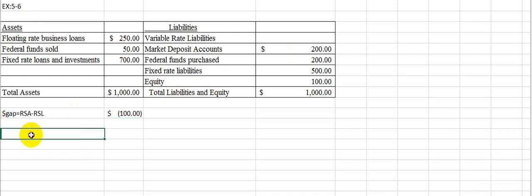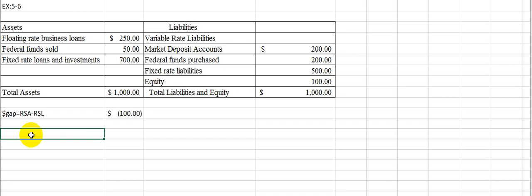Part B says, assuming the floating rate business loans are 20% as volatile as treasury bills, the federal funds are 200%. The federal funds, both sold and purchased, have a 200% volatility ratio relative to treasury bills, and the variable rate liabilities other than federal funds purchased are 10% as volatile as treasury bills. What's the standardized gap? The standardized gap is the same concept as the dollar gap.